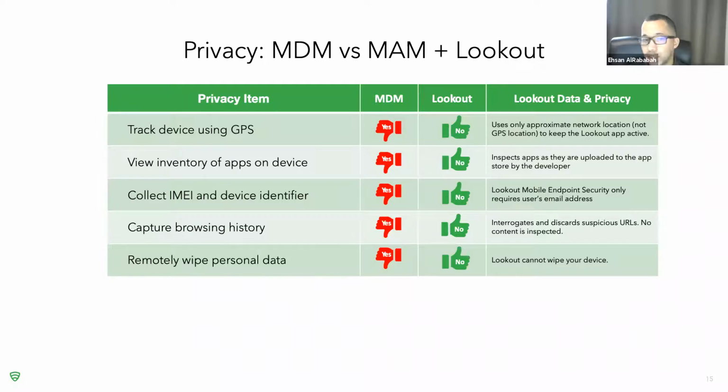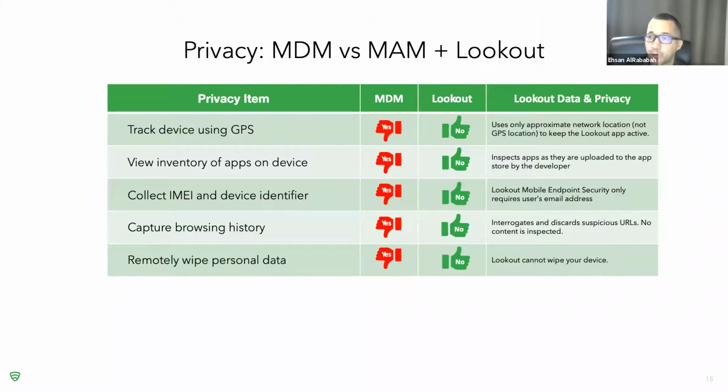With Lookout, you can bridge that gap. You'll not be able to track the device GPS, you'll not be able to see a clear inventory of the apps on the device, you'll not collect any personal identifier like the phone number or the IMEI of the device, you'll not be able to capture the browsing history, and most importantly, you'll not be able to remotely wipe the whole device.